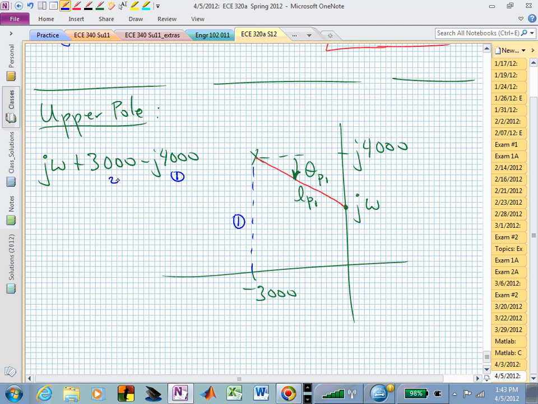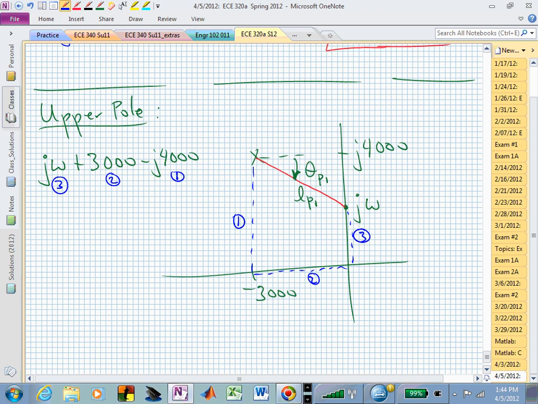Then we go over 3,000, positive. So that's 2. And now our third piece is up omega. So now in rectangular movements, we've gone from the pole location to the point in question, j omega. And that's the same as going along that effective hypotenuse, L sub P1.